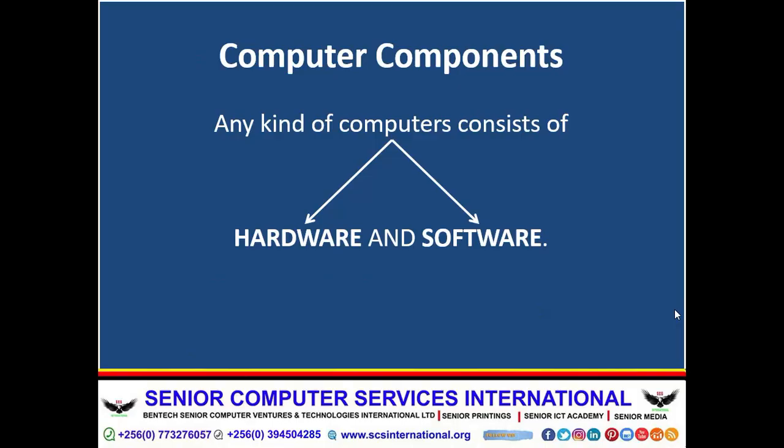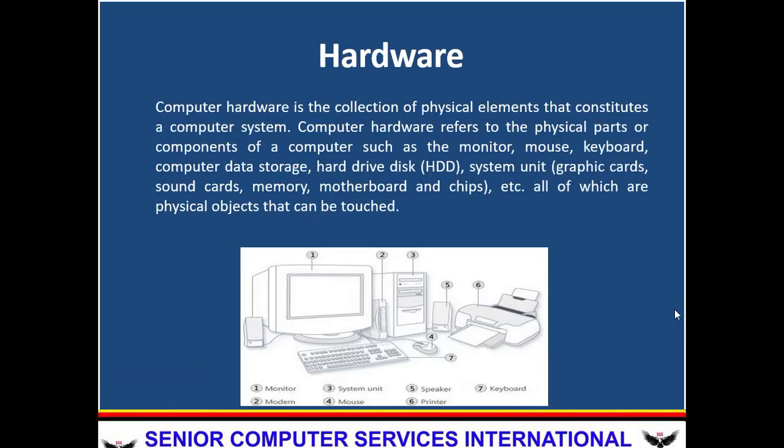So let's talk about the two main computer components. The two main computer components are hardware and software. We shall look into the details of what hardware is and what software is. Hardware is the collection of physical elements that constitute a computer system. So computer hardware are the physical parts or components of a computer, the ones that you can touch and feel.